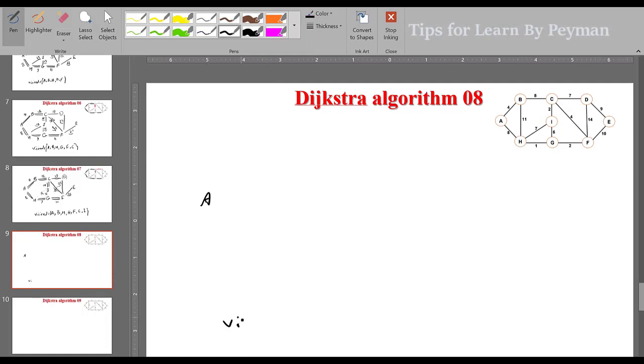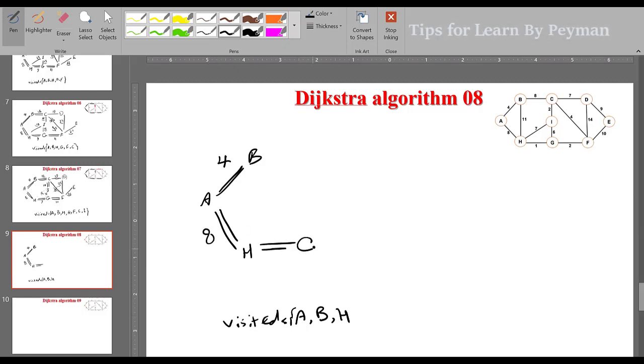We have the visited list here. We visited A, then we open the B with value 4. I open the B, write it correctly. Okay, then we open the H with value of 8. Then we open the G with value 9.